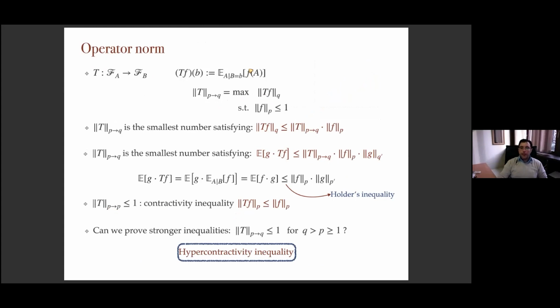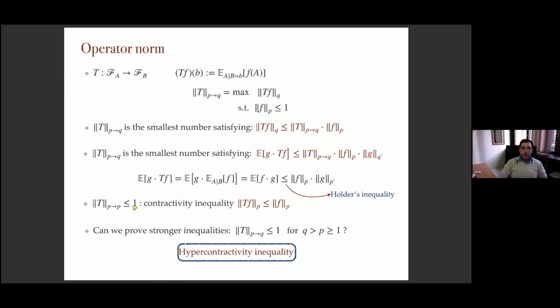When f is the constant 1 function, the conditional expectation is just 1, so t of 1 is 1. And any norm of the constant 1 function is 1. So here I put f to be 1, then t of f would be 1, and the norm would be 1. So it means that this norm is at least 1.